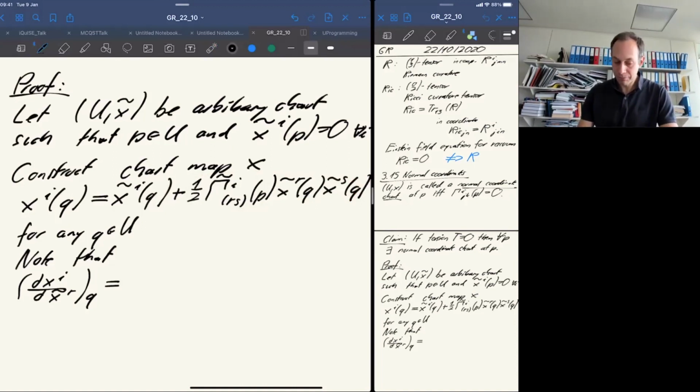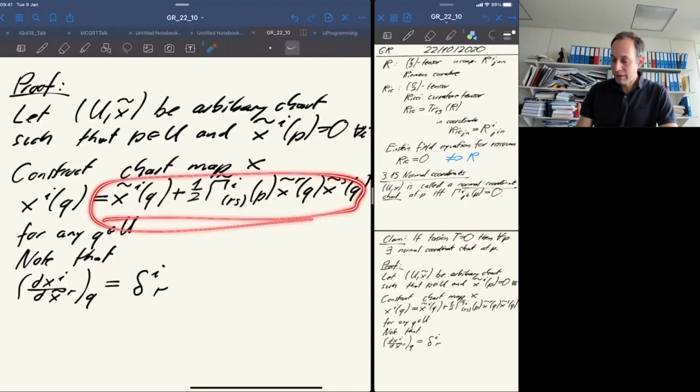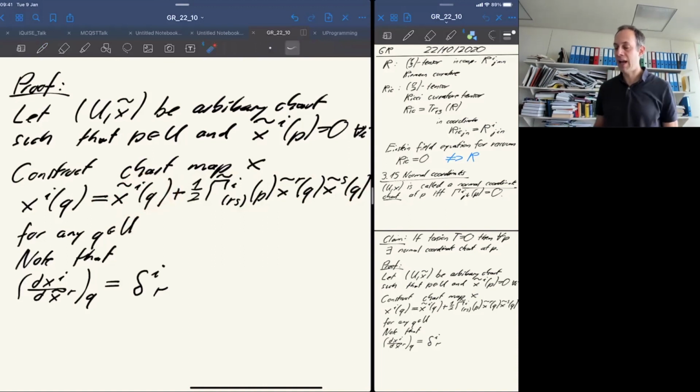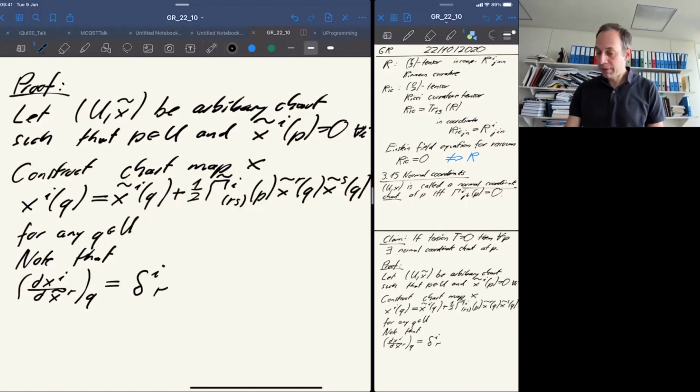So we can look at this derivative, and the first term comes from this. If I take the derivative of this whole thing with respect to the variable x tilde r, then of course I get from this term just a delta function, because it's only relevant if i is equal to r. Then from the next term I have a square essentially, a quadratic function, so I get a factor of 2 which cancels with the 1/2 here.